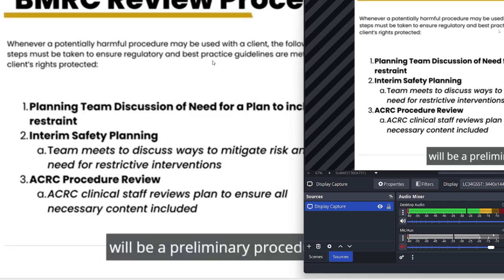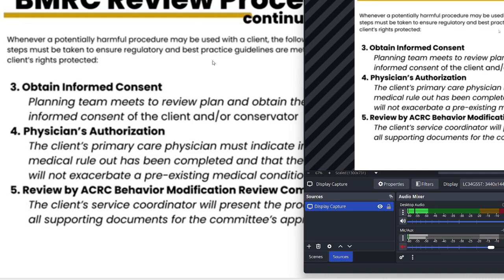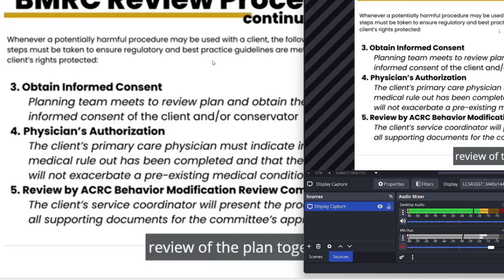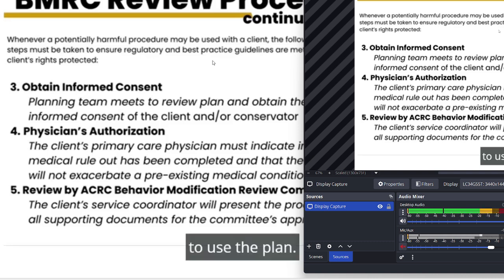There will be a preliminary procedure review where an ACRC clinician will review the provider's plan that includes restraint to ensure that it includes all necessary content as required by regulations. Following this step will be the team's review of the plan together and obtaining of informed consent to use the plan.